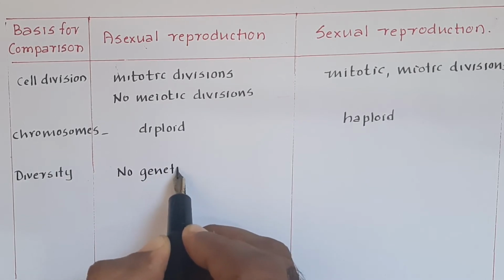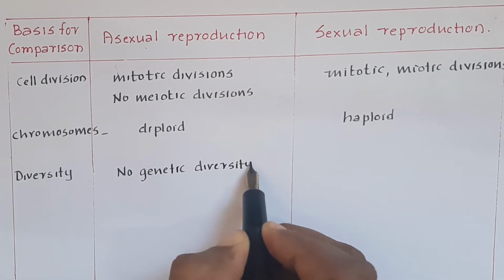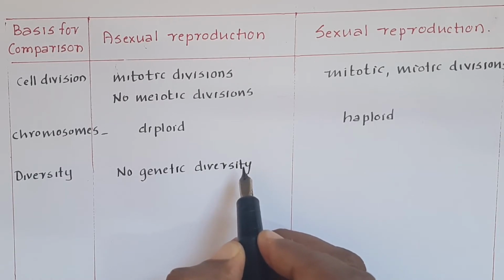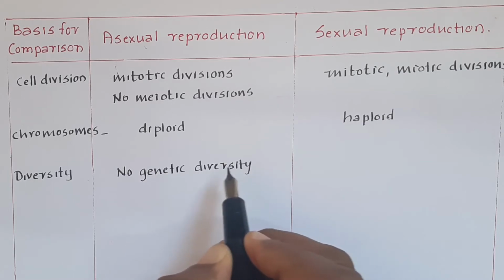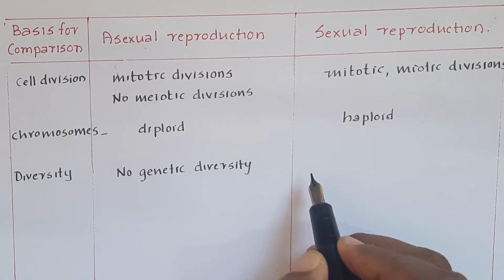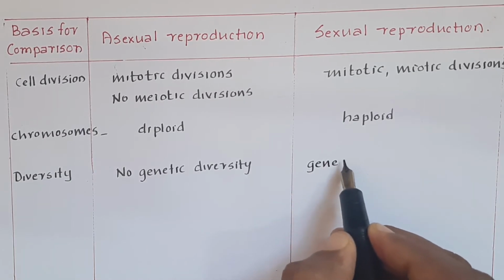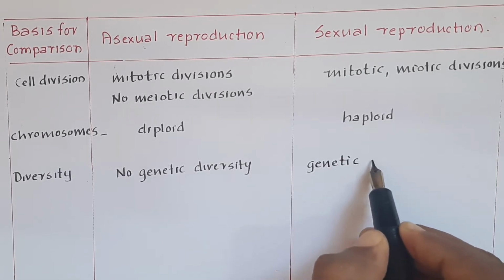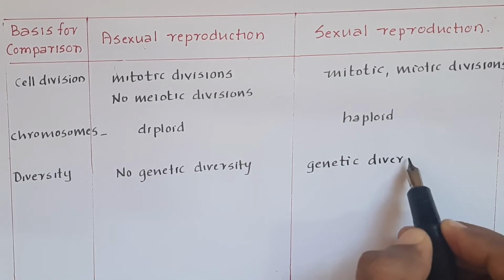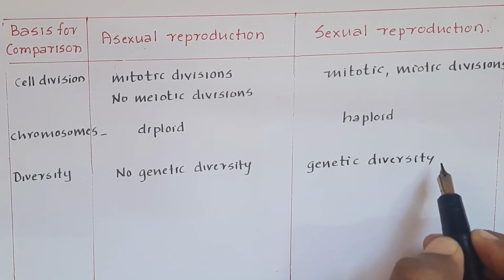No genetic diversity is brought about by asexual reproduction, but sexual reproduction is important for introducing genetic diversity within a population.